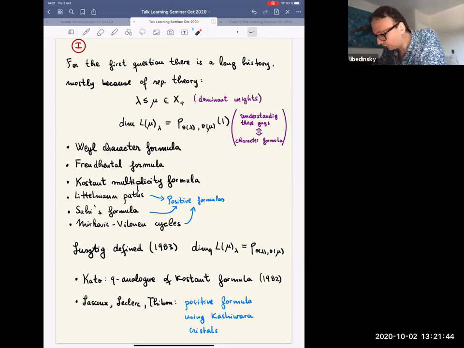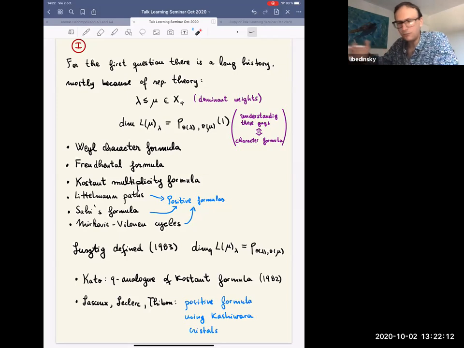Then you have the constant multiplicity formula, which I think is a super beautiful formula with a plus and minus, using the constant partition function. It's extremely simple to define, but I think it's not so easy to calculate with. Then you have, more recently, Littelmann paths that give you positive formulas for it.